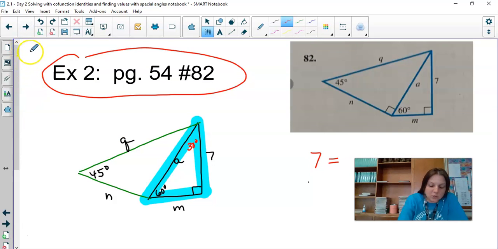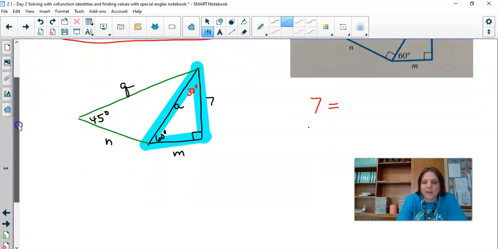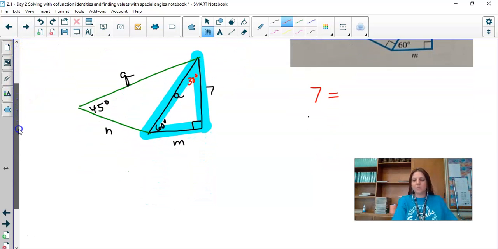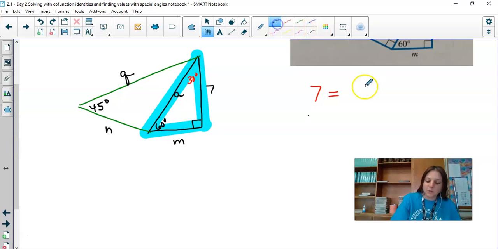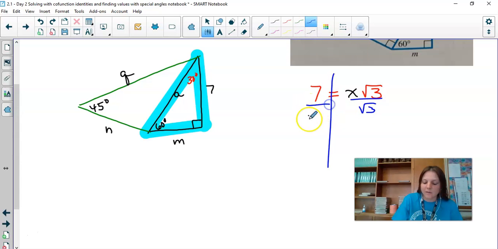So what I can do is I can set this number that is in that triangle side equal to X times the square root of 3. If I need to get the X by itself, think about algebra. X by itself, I'm going to have to divide by whatever's next to the X. So I'm going to divide by the square root of 3.